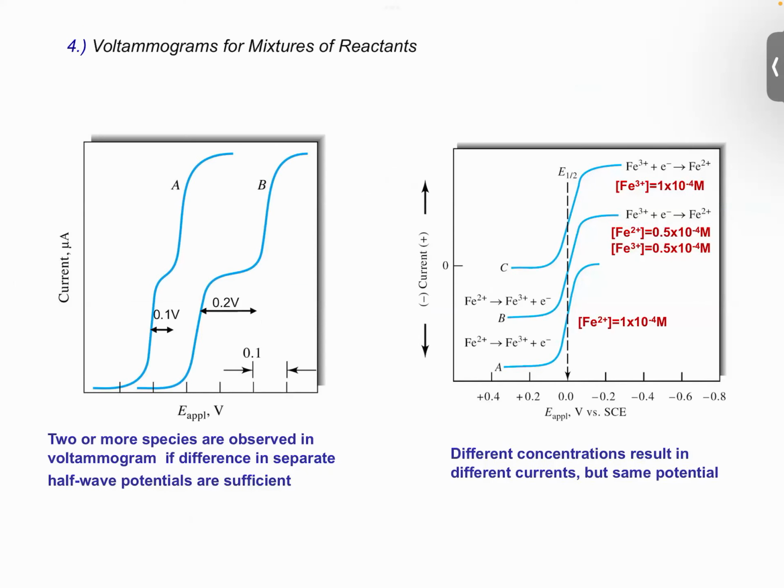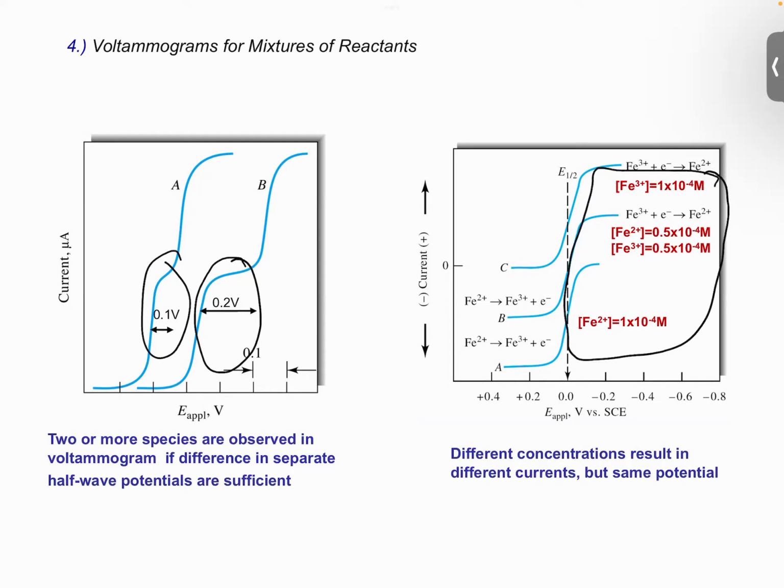So let's say, for example, we have a mixture of two different species. You will see different half wave potentials, and this will indicate that you have two different species in the sample. And here shows you the concentration effect.